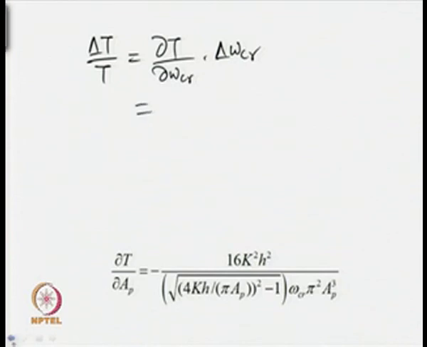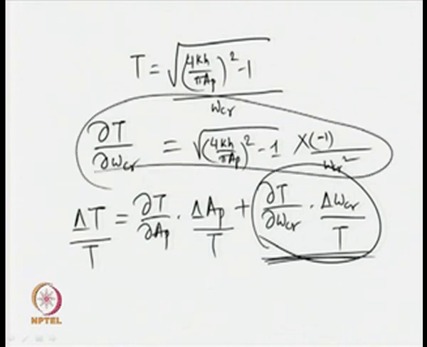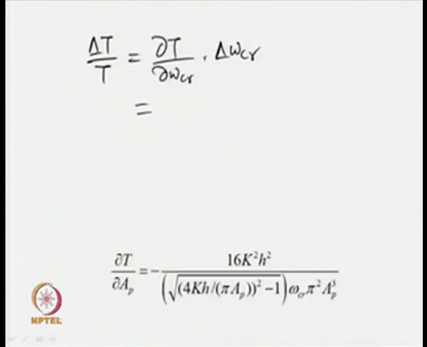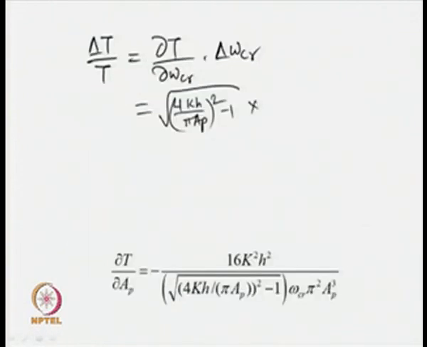So, I have found del t upon del omega c r as this. So, I will have root of (4 k h upon pi A p) square minus 1 times minus 1 upon omega c r square. Now, when you divide this by t, we have seen that this is getting divided by t.